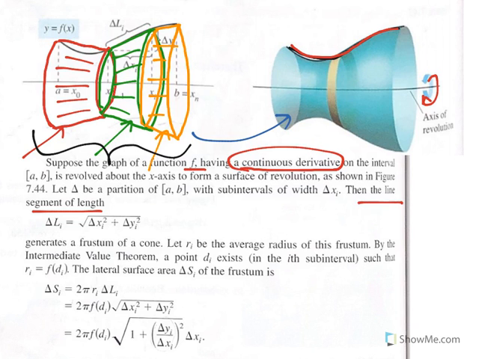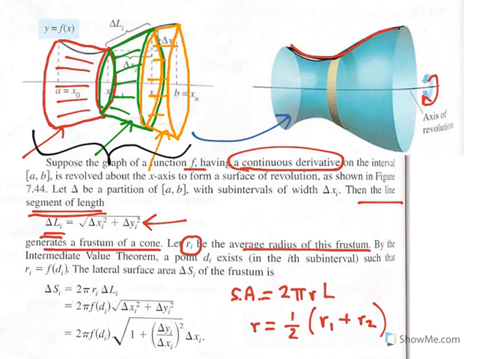So continuing to read, the line segment of length delta L sub i, given by the distance formula, when you revolve that line segment, you get a frustum of a cone. And it says here, let r sub i be the average radius of this frustum. Why do we need that?